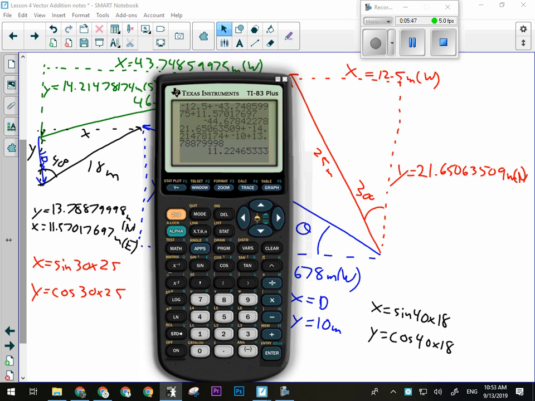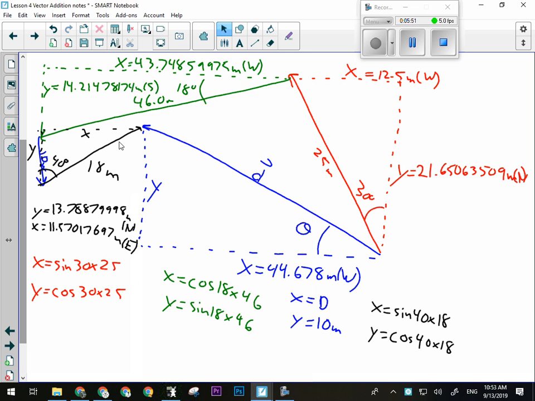All right, so my overall y component is 11.225 meters, and that's north.